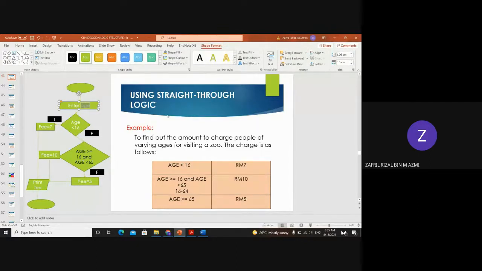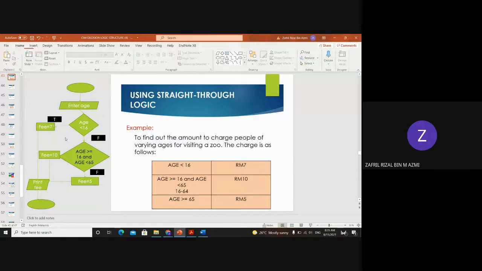Compared to straight through logic structure, straight through logic will check all the conditions that you have in your design. Let's say if you have these two, it doesn't give any big difference because there are only two. So for straight through logic, the flow is not going to be like this.